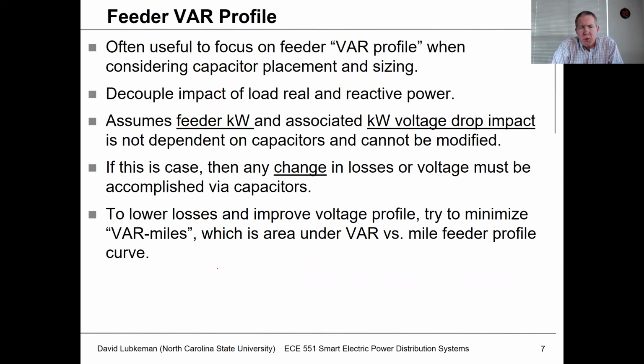And so when we talk about this problem, it's going to be useful to focus on what I've referred to as a feeder VAR profile, or you can call it a VAR-mile profile.